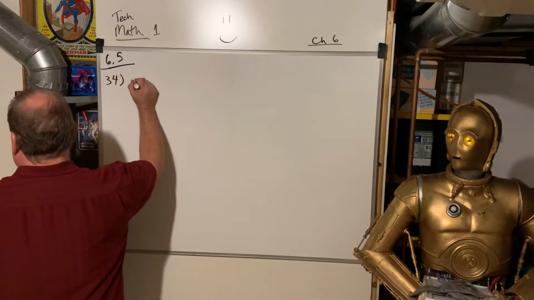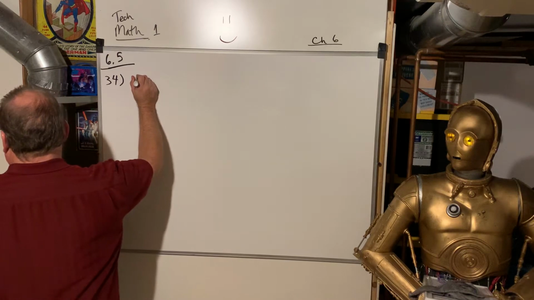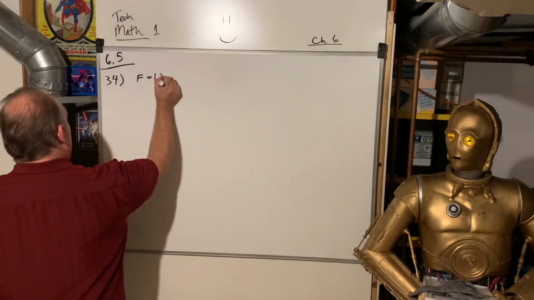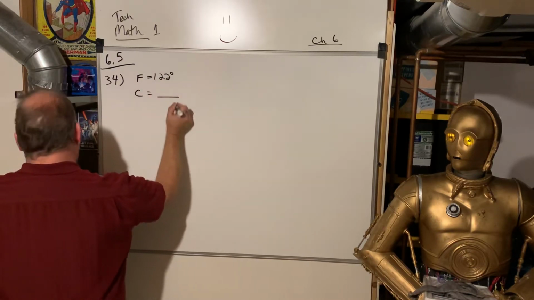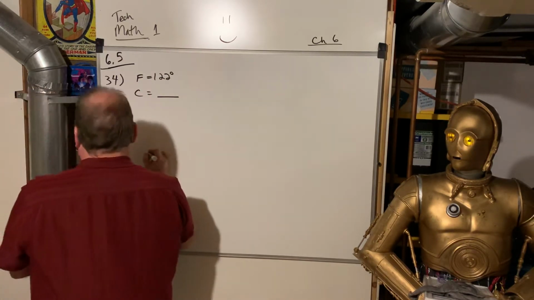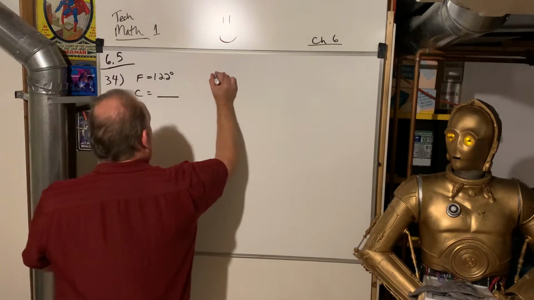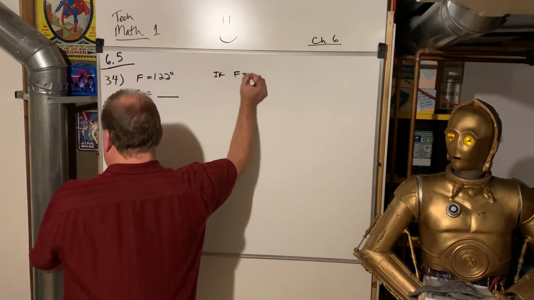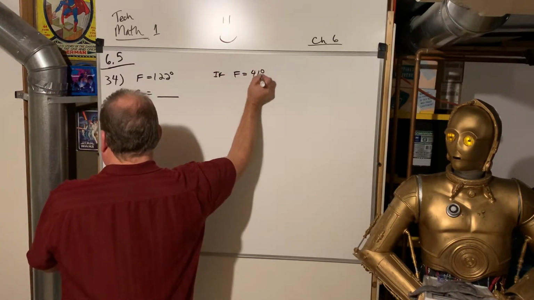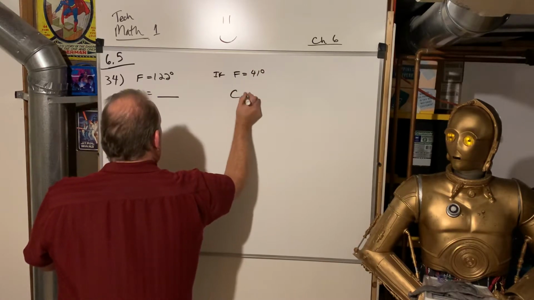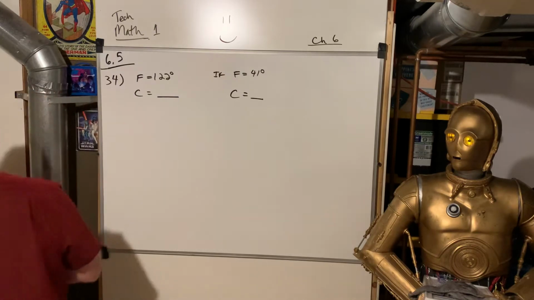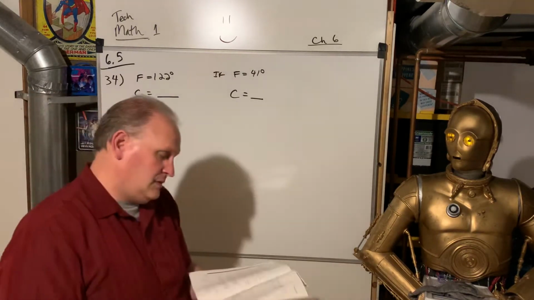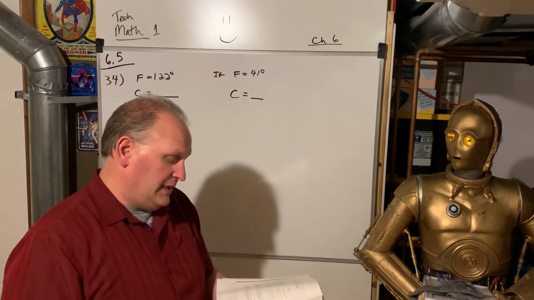So we want to change: if F is equal to 122 degrees Fahrenheit, how many degrees Celsius is that? And if F is equal to 41 degrees Fahrenheit, how many degrees Celsius is that? You're going to put this into a formula to convert.